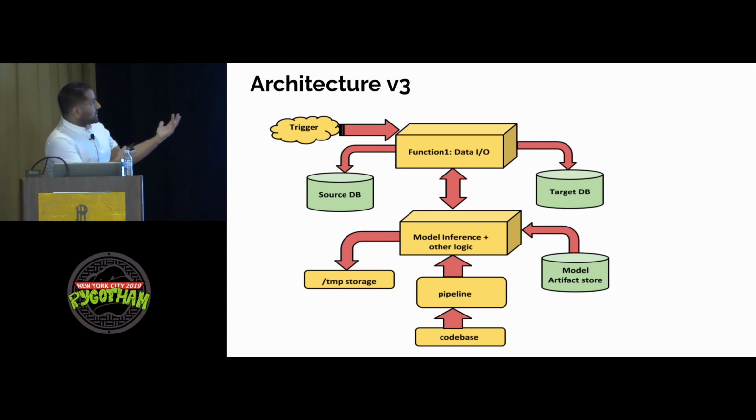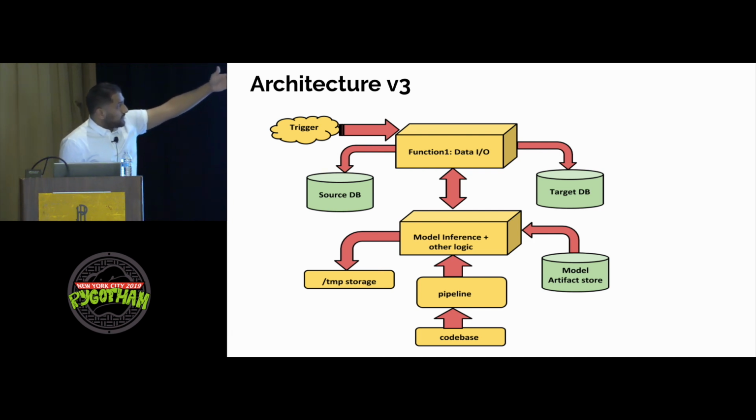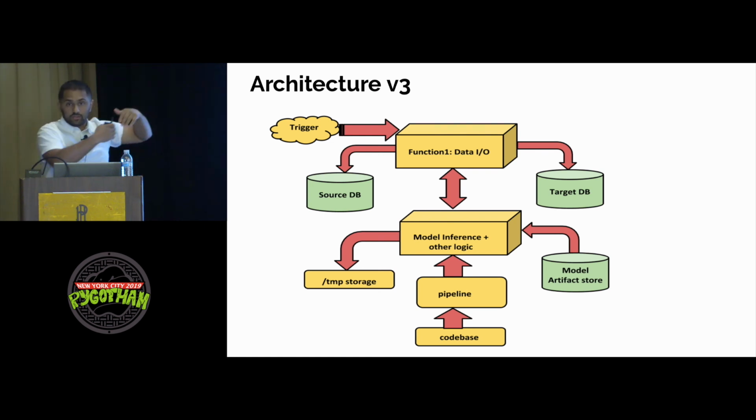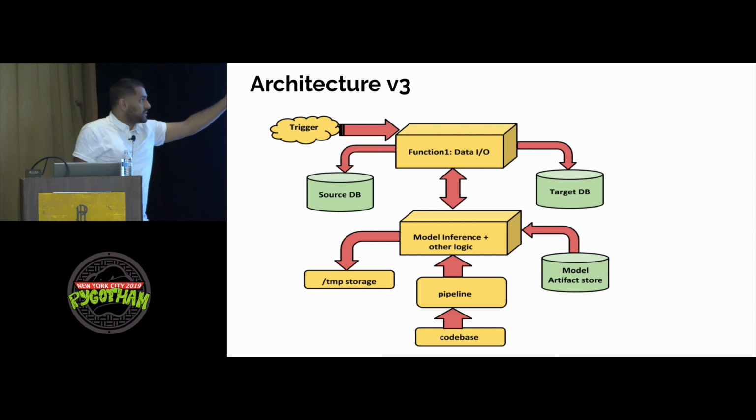So this is the final architecture that we settled upon. You have a cloud-based trigger, like an alarm or something, that at the hour triggers that function. That function pulls from the source database, writes to the target database, and sends multiple records to be masked to the model inference function.